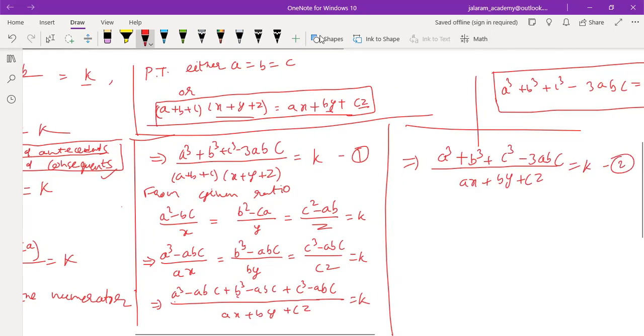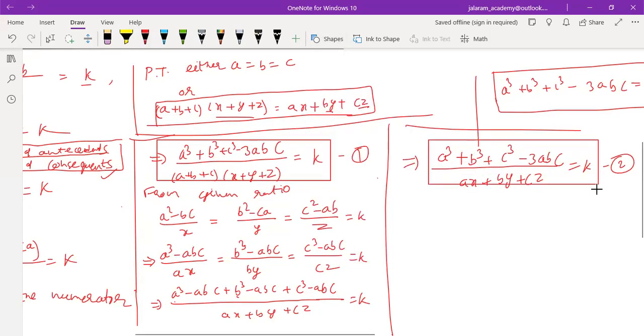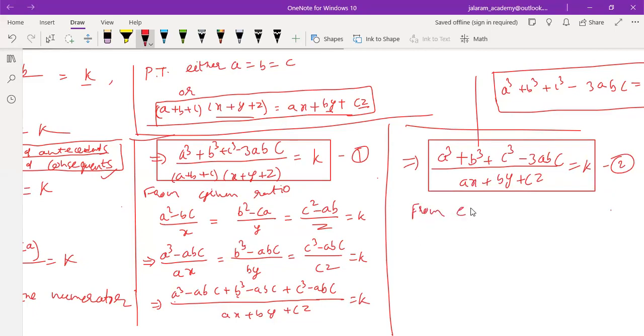So comparing equation number 1, which is k, and equation number 2, which also contains k, both are equal to k.